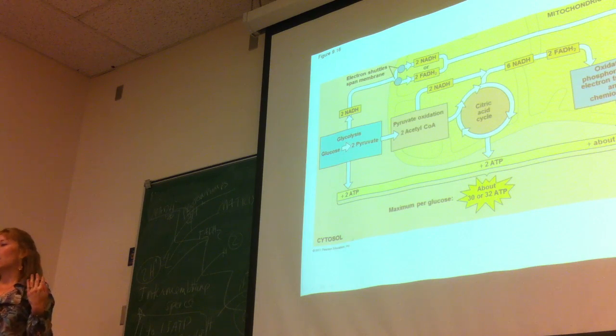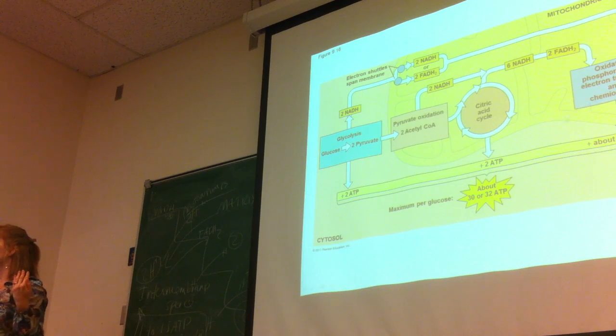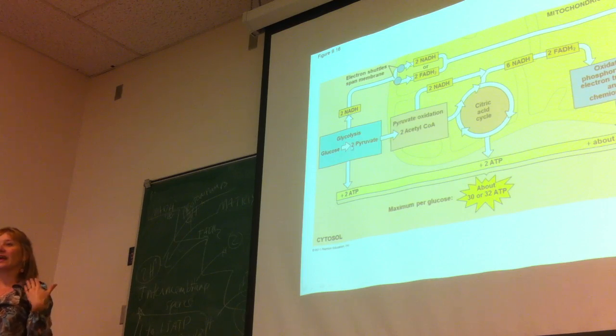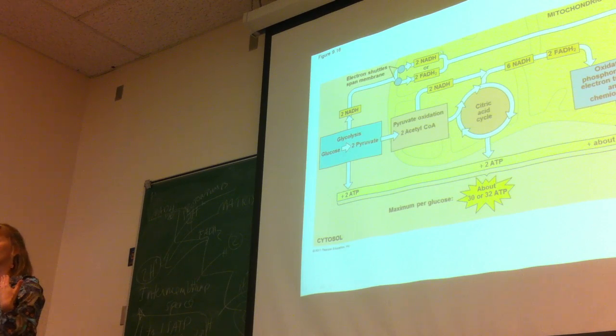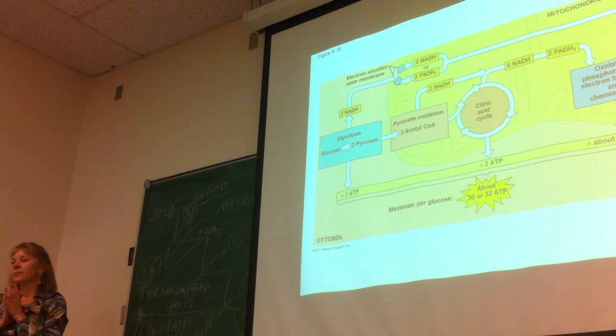The second thing to take home is that one of the reasons there's variation in the number that comes from chemiosmosis is that the 2 NADH that are produced during glycolysis enter the cell, and the electrons are transferred to either NADH or FADH2. Okay, those are the 2 things I want you to remember about that.